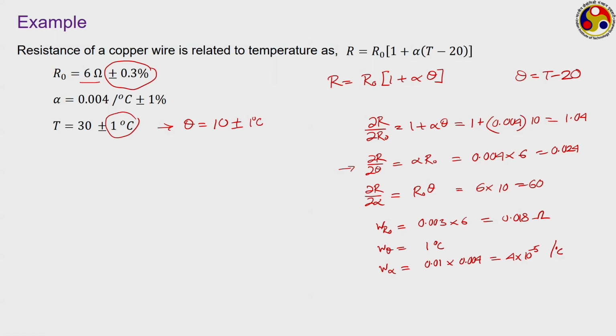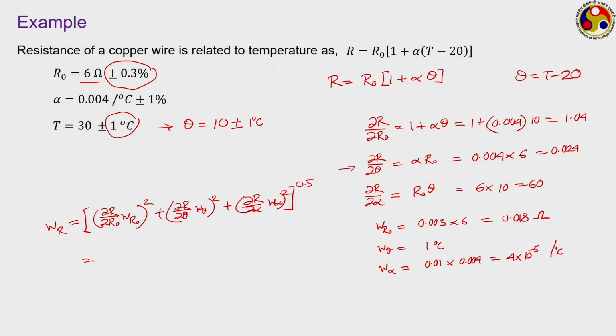We have to multiply each of the component sensitivities by the corresponding uncertainties, then get the square, and that will give us the final value. So, final WR will be equal to the sensitivity with respect to R naught into WR naught, whole square, plus dou R dou theta W theta, whole square, plus dou R dou alpha W alpha, whole square, to the power 0.5.